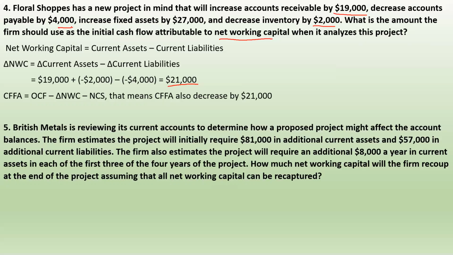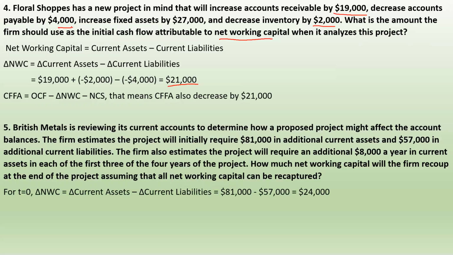So for t equal to 0, the change in net working capital will be 81,000 US dollars. This is the additionally required current assets.